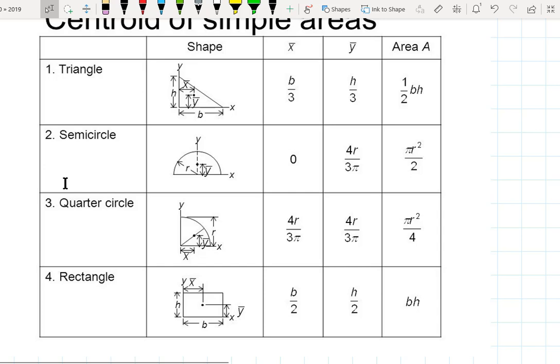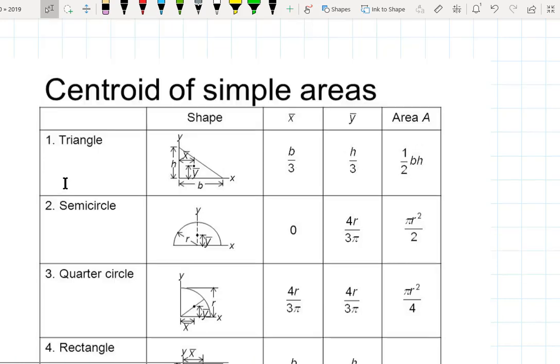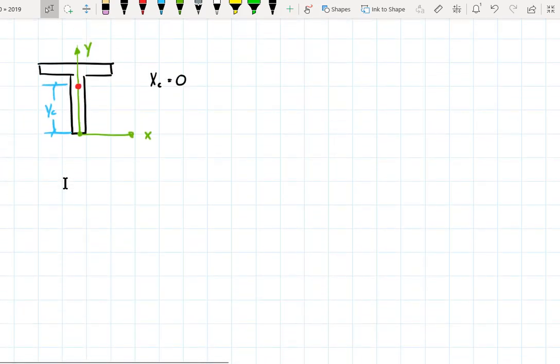And then in your reference material for the exams, there's two or three others. There's a spandrel that's kind of like a parabola type shape, and maybe an ellipse in there. But most of your beams, like this T, is just two rectangles stuck together, one across the top and one in the stem part.